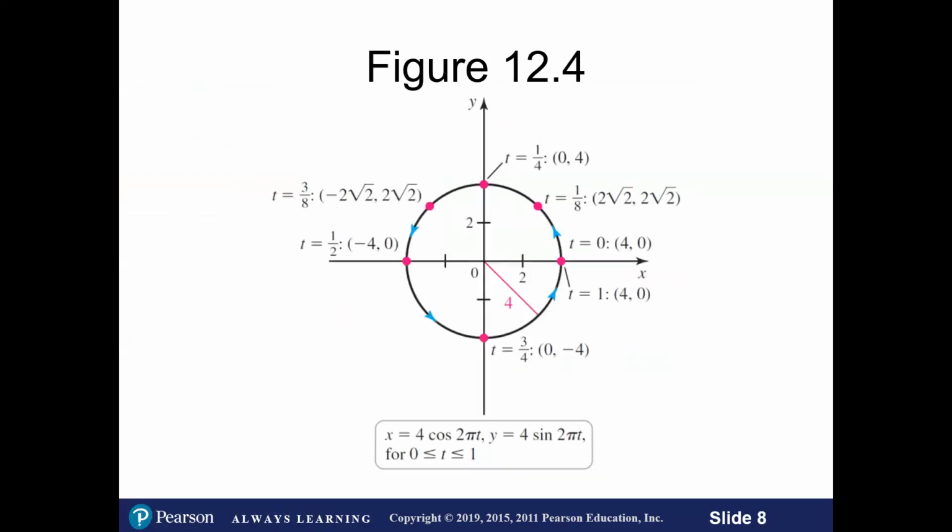If I plot those points and interpolate the path in between them, you see that as t increases from 0 to 1, this is tracing out a circle centered at the origin of radius 4 in a counterclockwise direction. Okay, as expected from eliminating the parameter.